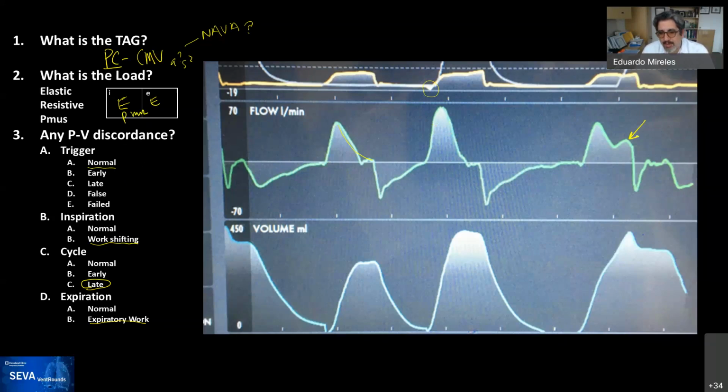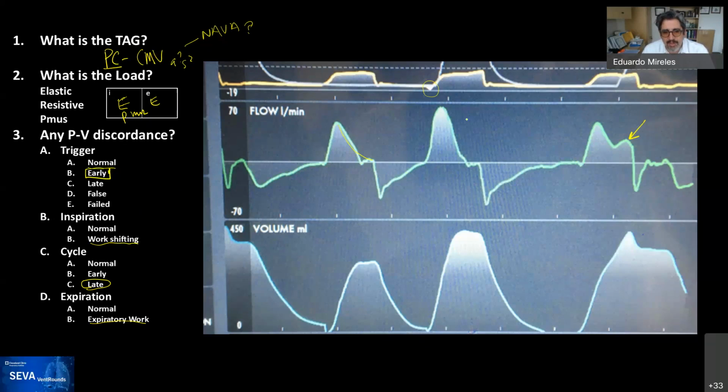But there is one over here that it's a classic one, and you see no evidence of PMOS, so this is a mandatory breath, and then suddenly you see evidence of PMOS afterwards, and that's called an early trigger, meaning the machine triggered earlier than the patient. And some people call it reverse trigger, although that refers to a specific phenomenon that occurs in patients, and not necessarily here.